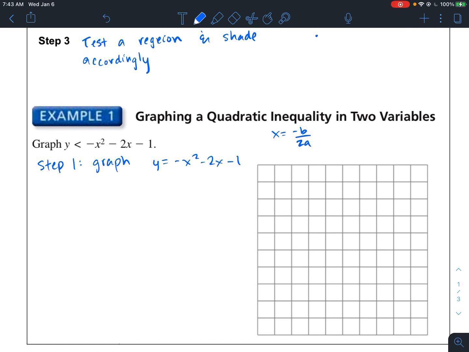Now what I'm going to do is factor in order to know where the x-intercepts are. So to factor, I'm going to take out a negative, so y is equal to negative, which is going to flip the sign of each of these terms. So it's now positive x squared plus 2x plus 1.